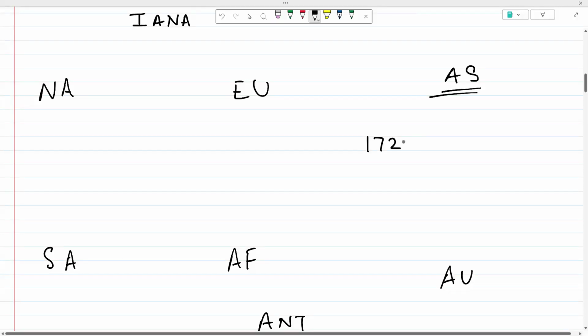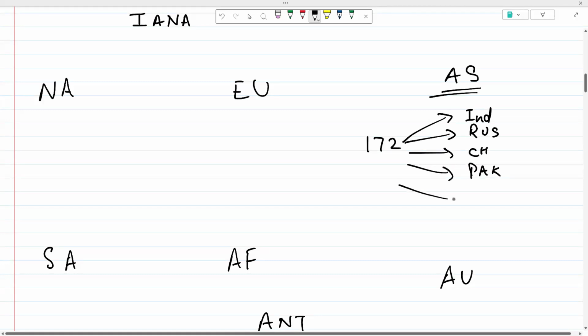It can be any country: India, Russia, China, Pakistan, Sri Lanka, any country in Asia.